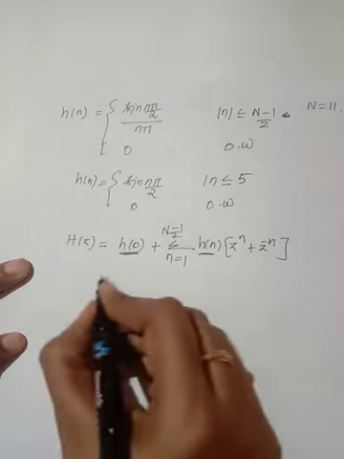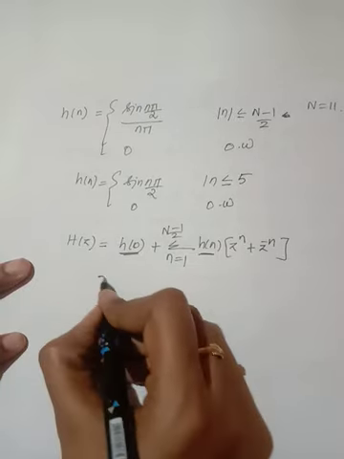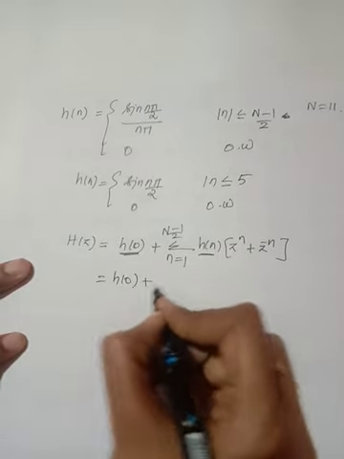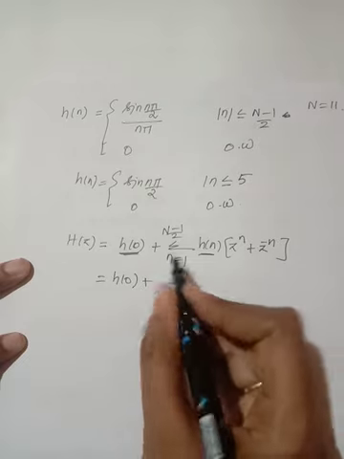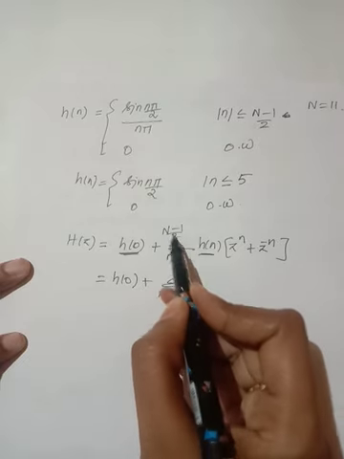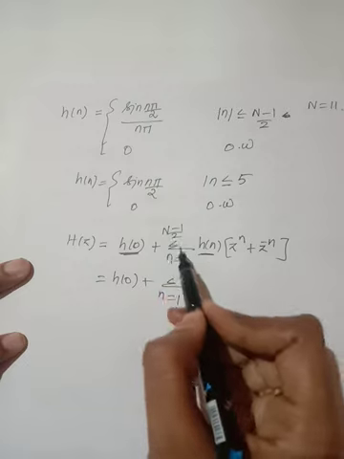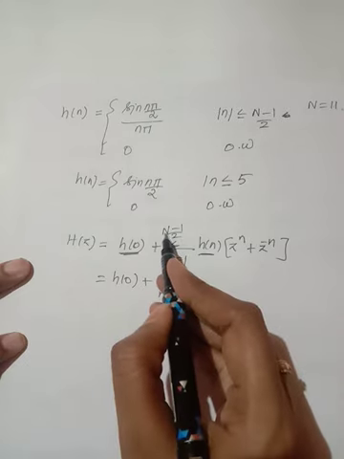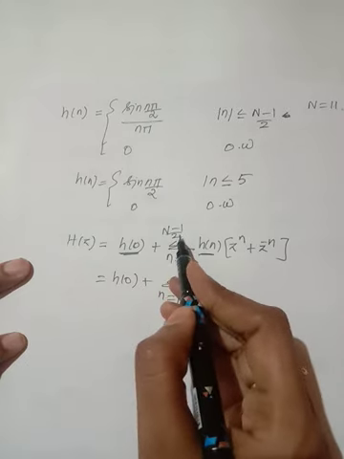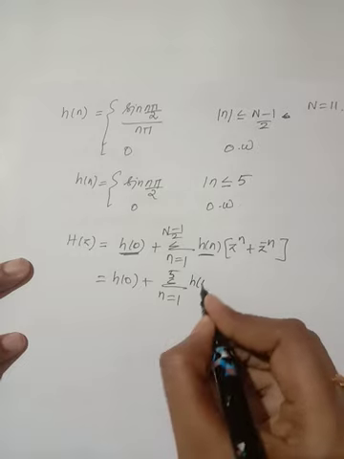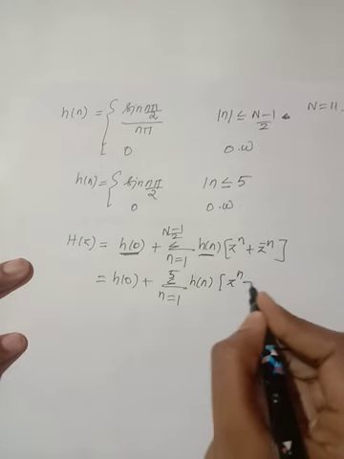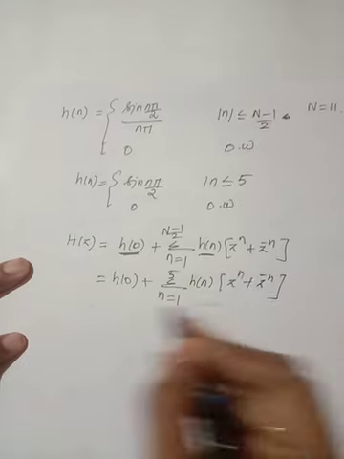I need to find up to which value we need h of n. N is 11, 11 minus 1 is 10, 10 by 2 is 5.